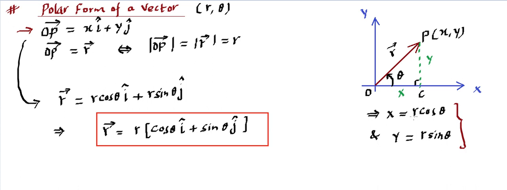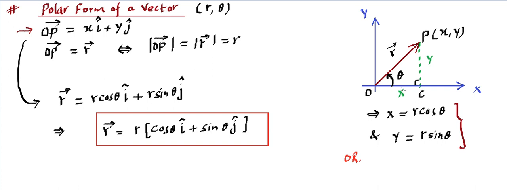For instance, the way it has been expressed over here says that if R and theta are known to us, we can find X and Y. Now we can rewrite this in such a way that we can find R and theta if X and Y are known to us. Let's say we are looking for this hypotenuse.